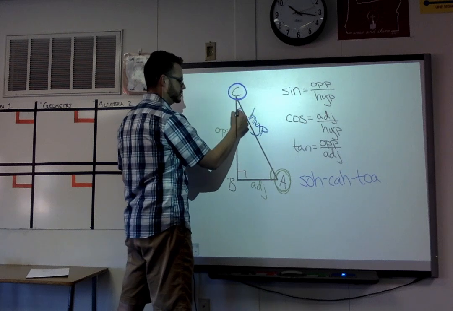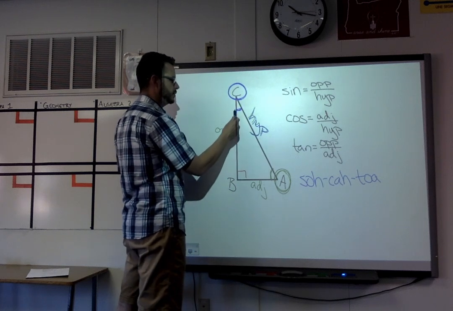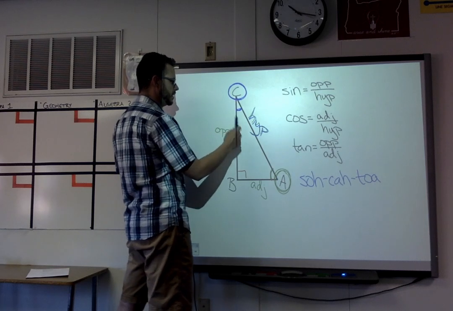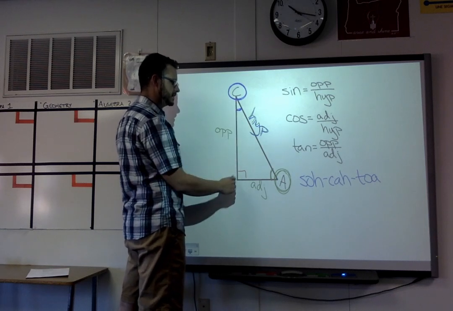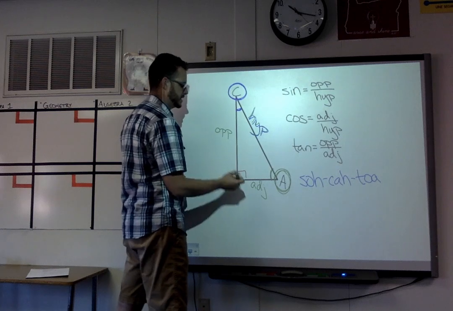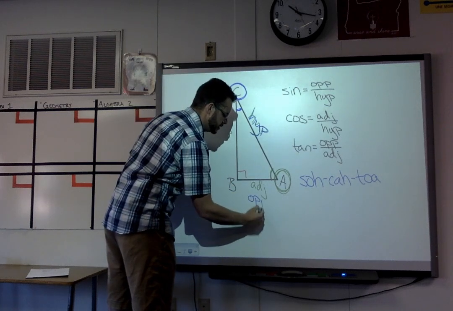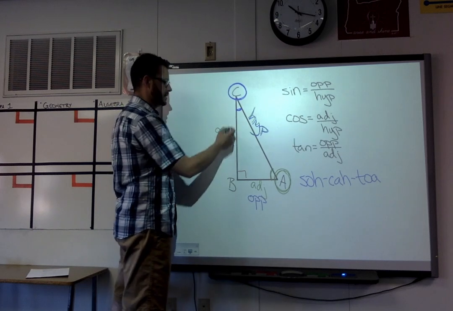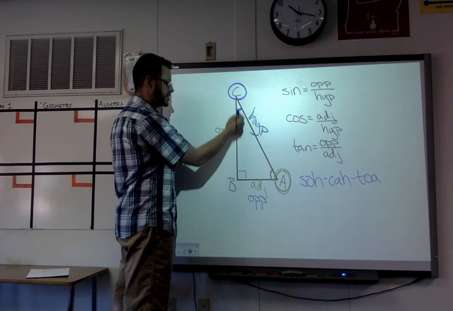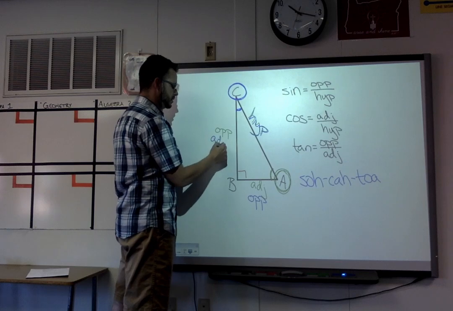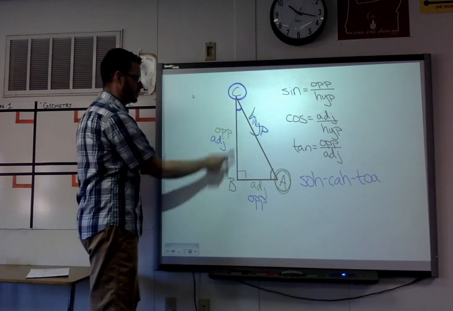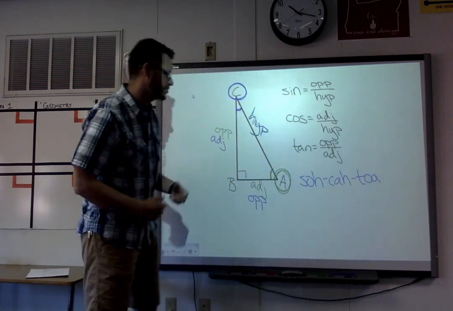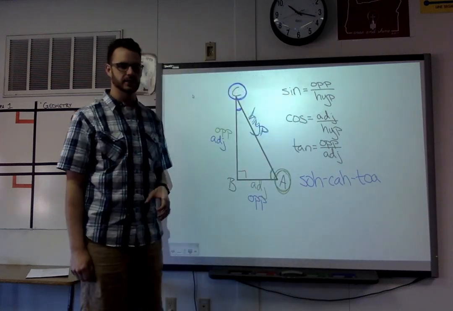This time, the opposite side would be the side that does not run into angle C. So it's not going to be BC because that's one of the sides of angle C. Our opposite is going to be side AB over there. Then our adjacent is the side that is shared with the angle. So for angle C, BC would be your adjacent. Again, those all just depend on which angle you're working with.